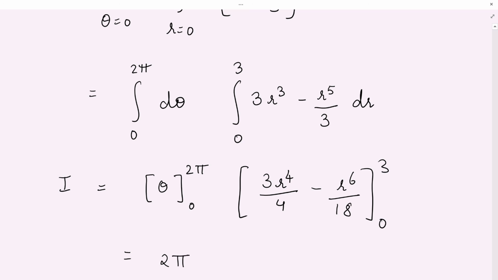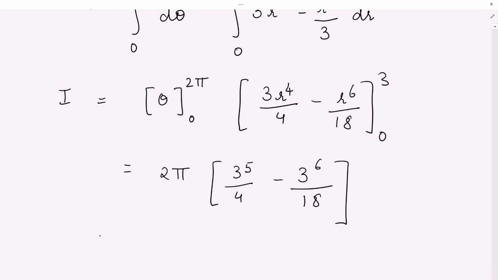You will have 0 to 2 pi, 3 raised to 5 upon 4 minus 3 raised to 6 upon 18. So if I simplify this further, that will be converted into my final answer, which is 81 pi by 2. You can check the answer after simplification.